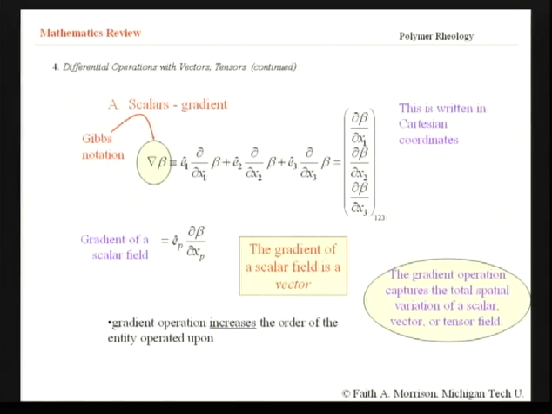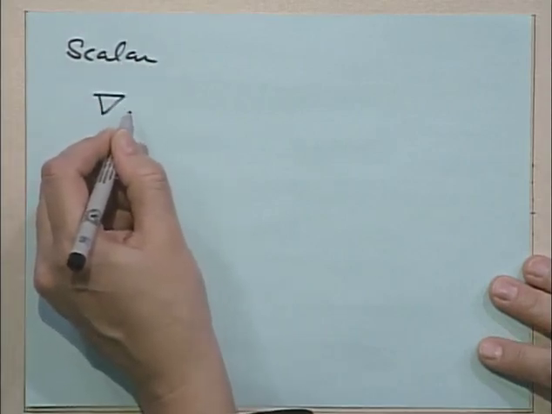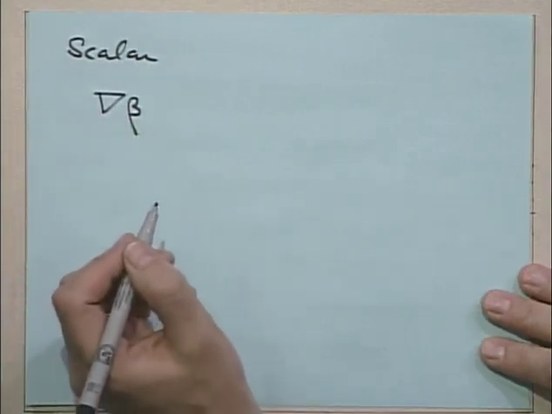So we can apply this operator to scalars, vectors, and tensors. This is in these notes, but I think it's a little more engaging if I do it again here. So for a scalar, we have nabla, let's say in my notes it's beta, so I can do that again.